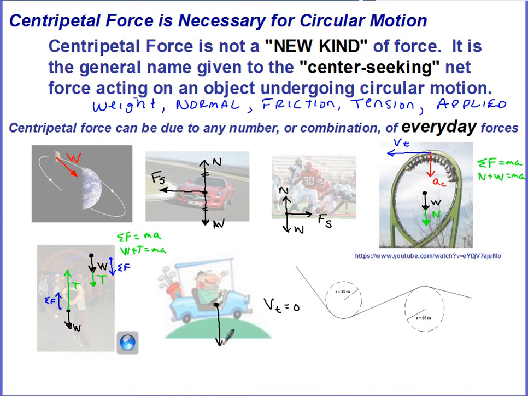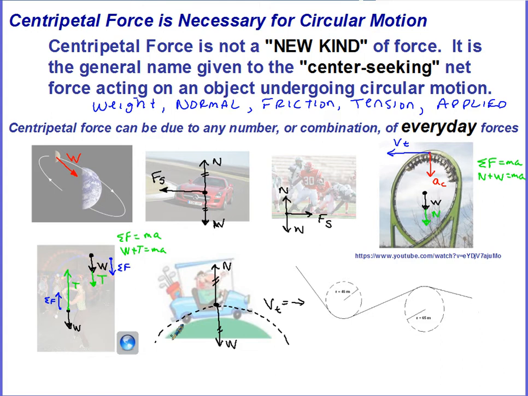The weight and the normal force would exactly balance. Okay, so those two would be equal. But if the car is moving, if the car isn't at rest, then in order for this thing to be moving through a circle, we have to have unbalanced force inward.